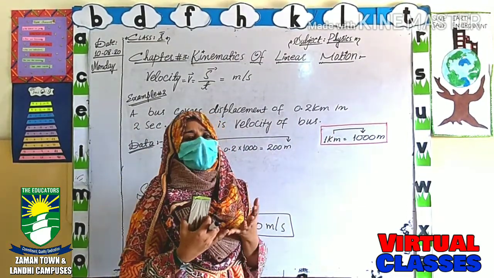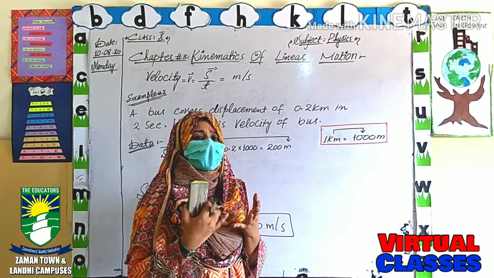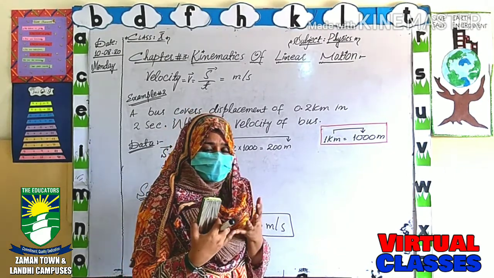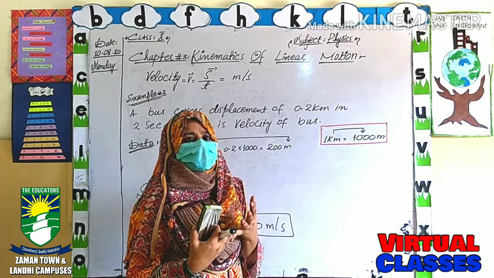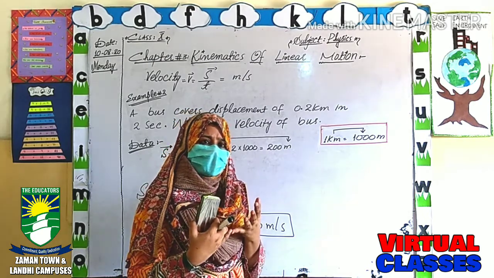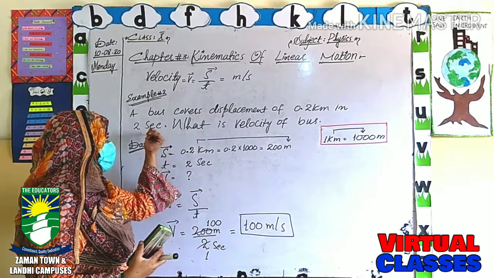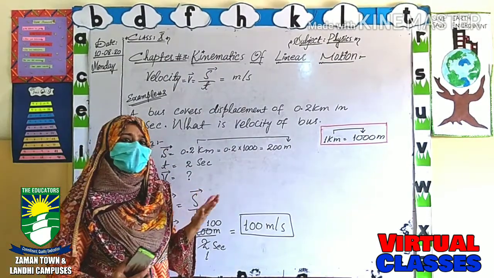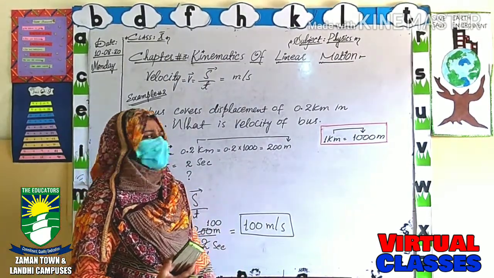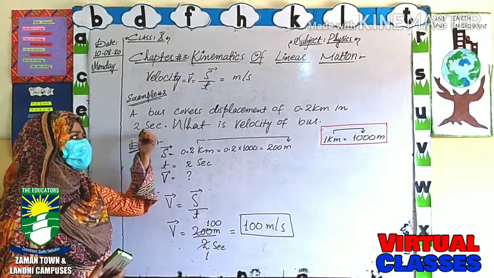Remember, whenever you are going to calculate the velocity, the distance or the displacement should be given in the meter. If it is not, you have to convert that. Similarly, the time should be given in the second. If it is not given in the second, you have to convert the given value into the second. But right now, it was already given in the second.